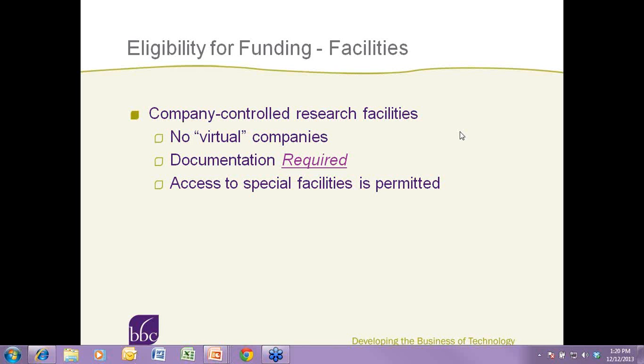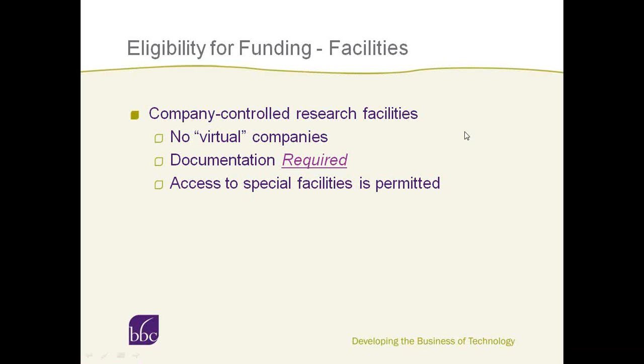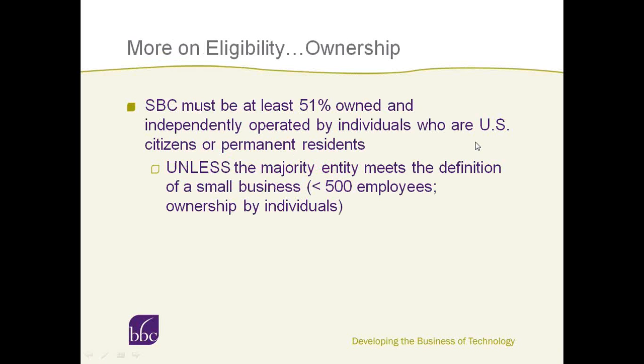For example, sophisticated equipment obviously would not, for most small companies, be available within their facility, but they can negotiate for access through a university or other organization, and that type of access is permitted and would be budgeted either as a subcontract or purchased services, and we'll talk a little bit about that as we move on. Ownership.